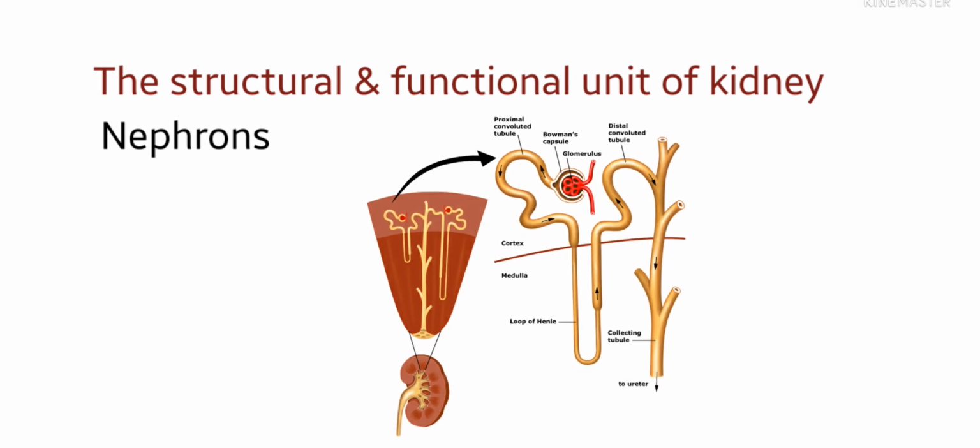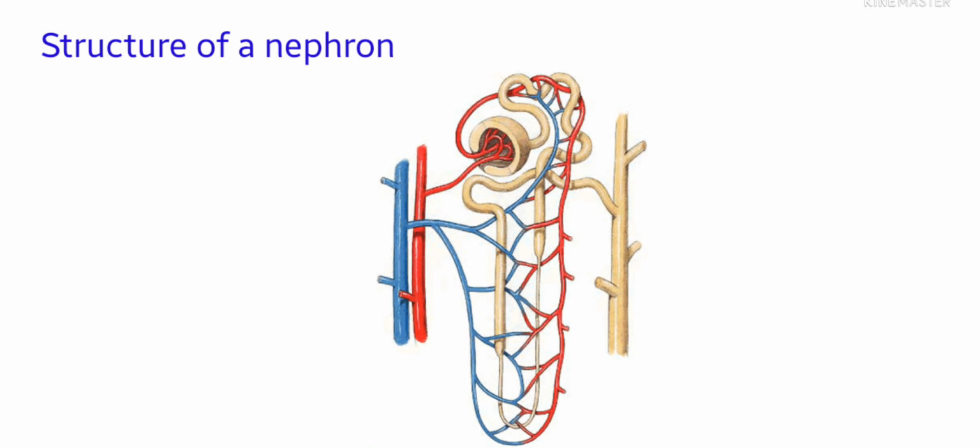In humans, each kidney contains about 1 million kidney tubules called nephrons. They are the structural and functional unit of kidney. They are microscopic. The below diagram shows the structure of the nephron.